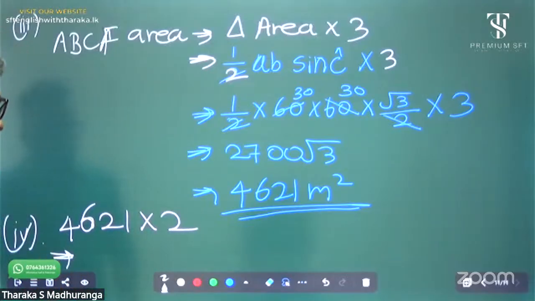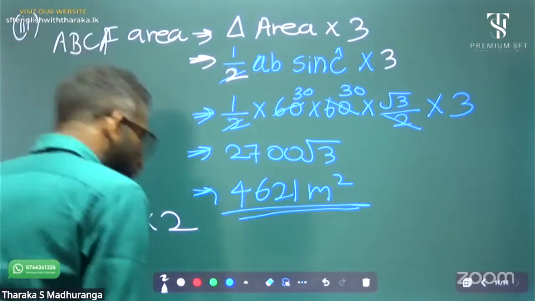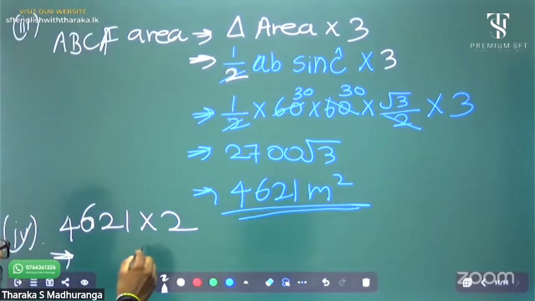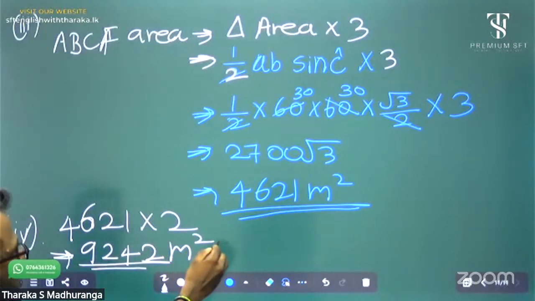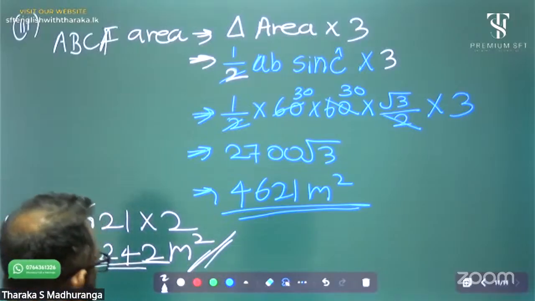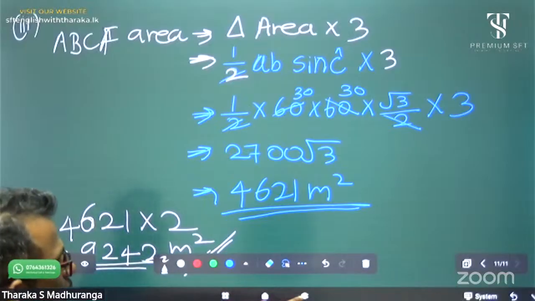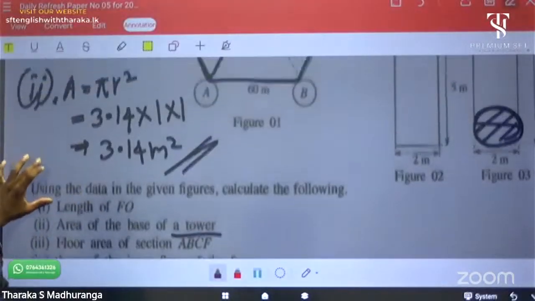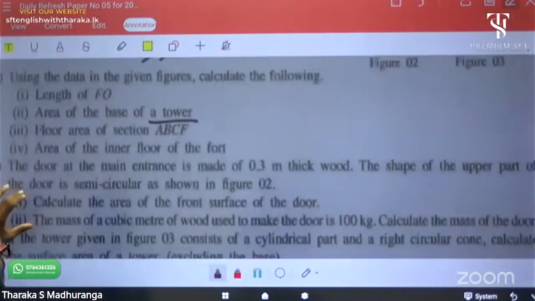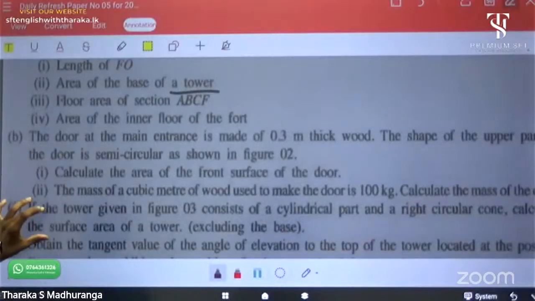It's 9,242 square meters. Previous value multiplied by 2. That's the full floor area of the fort.